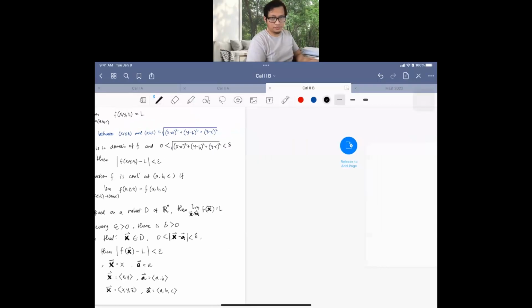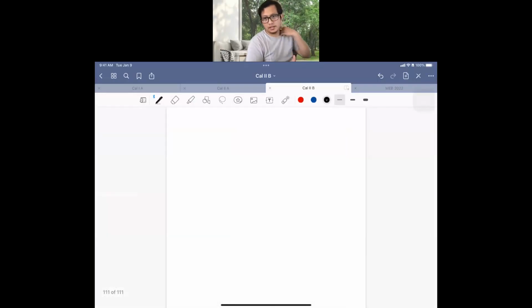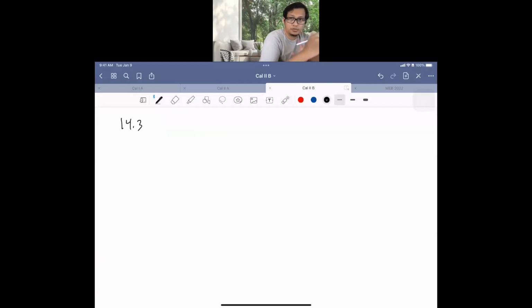Now let me continue. So the limit and continuity are finished. Next part is 14.3, that is our core section, the principle. This will be the partial derivative.